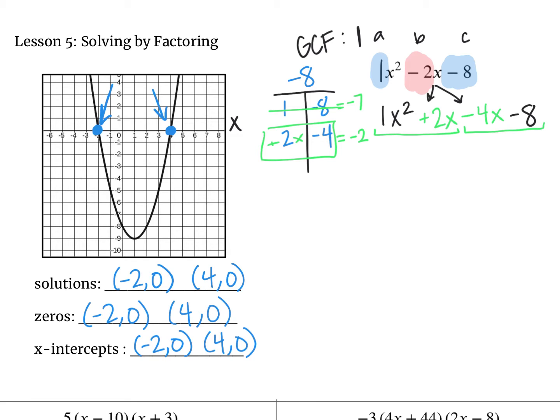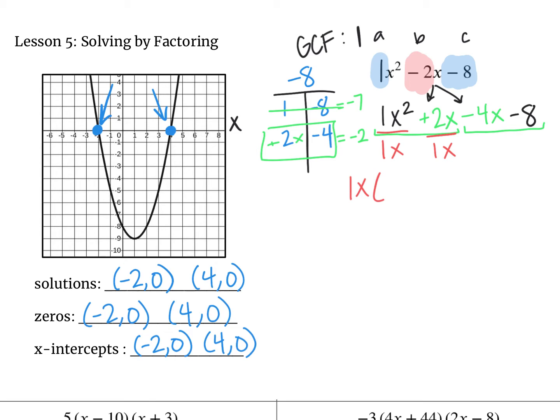So the GCF, or the greatest common factor of the first 2 terms, 1x squared and 2x, will be 1x. Because they both have an x in it, we can take an x out. So we're going to take out 1x. And then when we divide out 1x, remember it does not disappear.